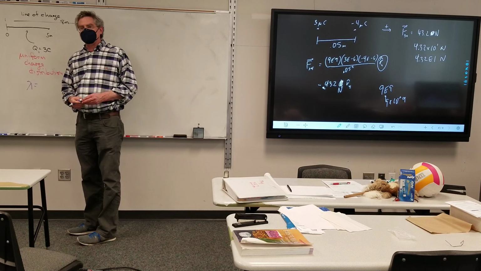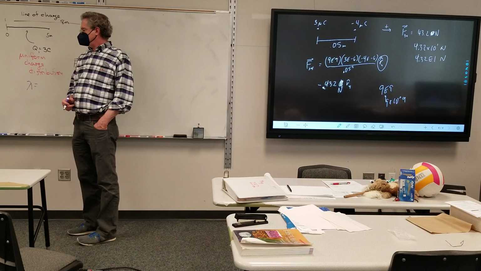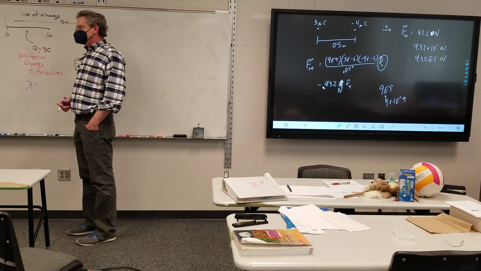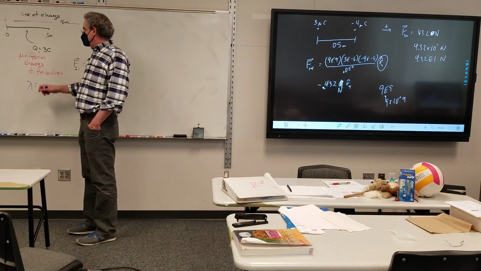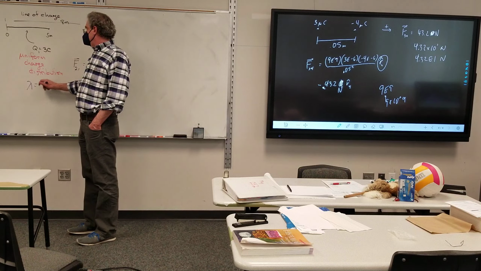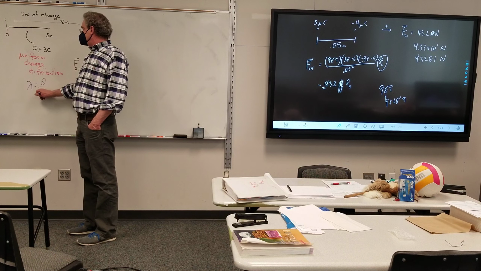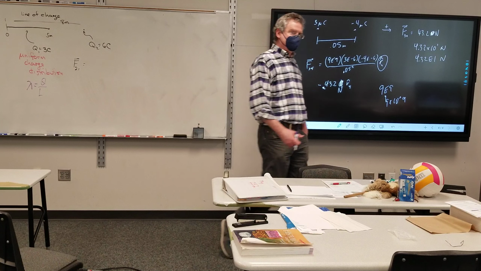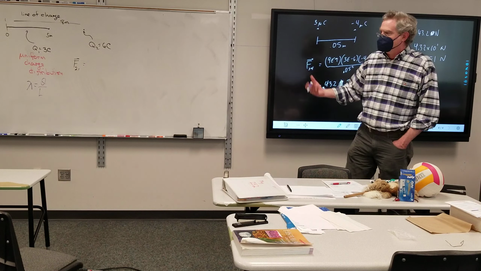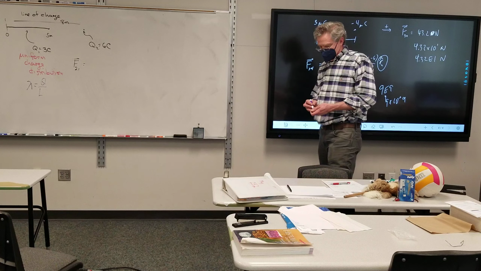The symbol for linear charge density, is that a mu? Linear charge density is basically charge divided by length. Regular density is mass divided by whatever dimension we're working in.